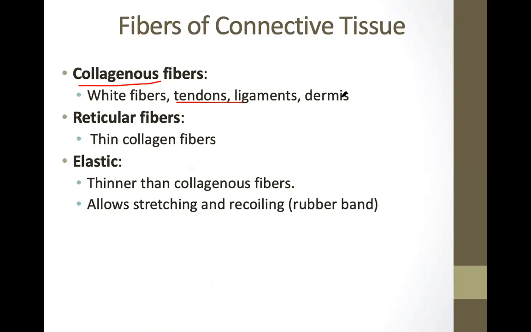You have reticular fibers, which are thinner than collagen, and they're not as strong. They don't provide as much strength for the tissue. And then elastic. Elastic is kind of self-explanatory. If you stretch these fibers, it's not about their ability to stretch, it's that when I let go of them, they recoil back to their original shape.